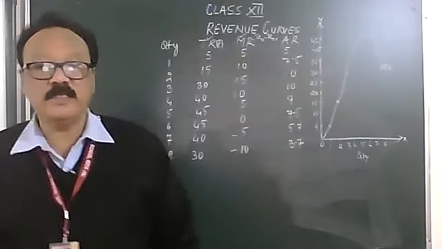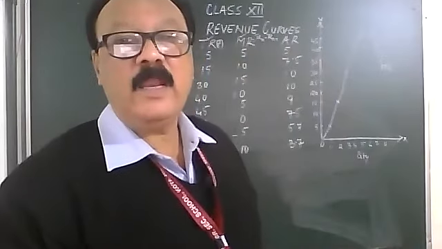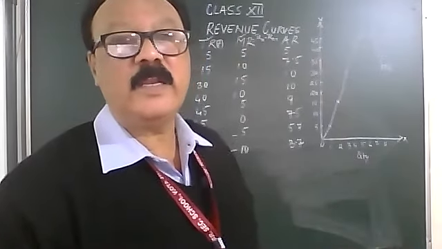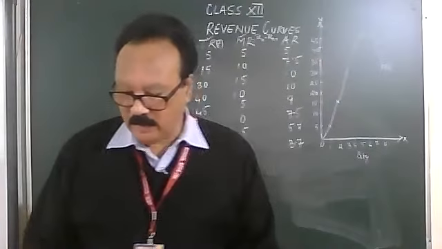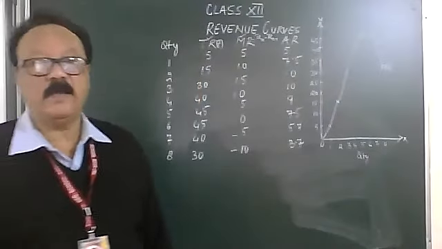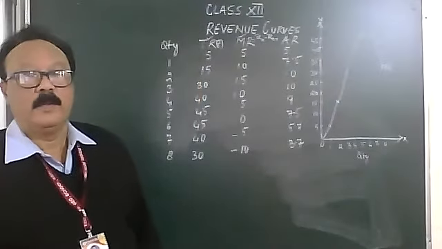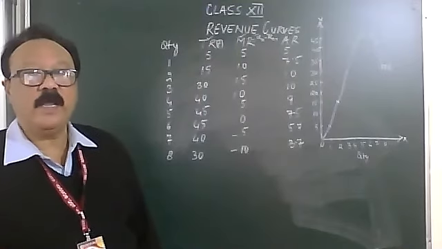TR first increases at an increasing rate, then it increases at a decreasing rate. It reaches its maximum and then it starts declining. This I have drawn, children, for TR.